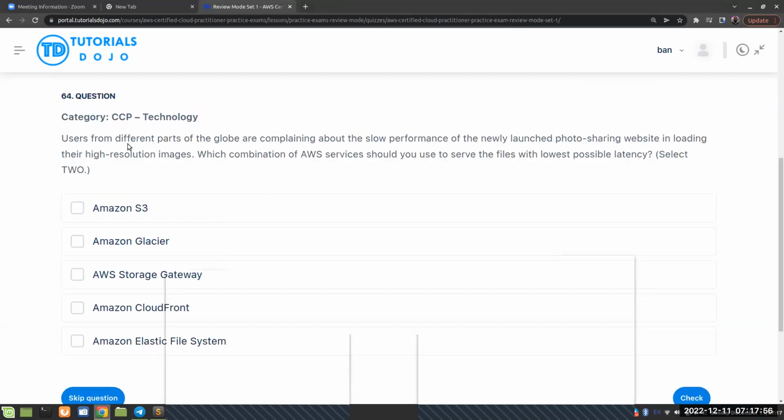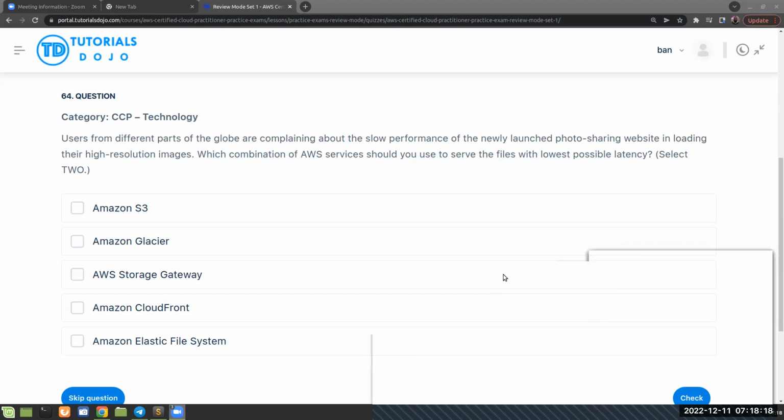Okay, users from different parts of the globe are complaining about the slow performance of the newly launched photo sharing website in loading their high resolution images. Which combination of AWS services should you use to save the files with the lowest possible latency? Select 2. Right, this is the first question that tests you to match services to build an architecture.